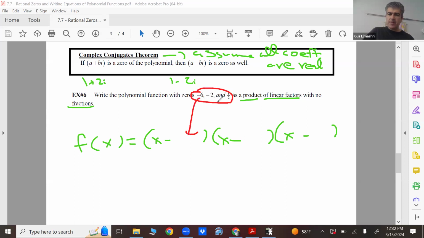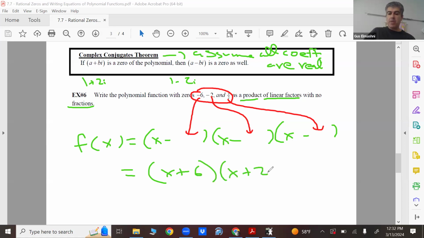Here and here. So if I do that, what's x minus negative 6? X plus 6. X plus 2. X minus 3/2.